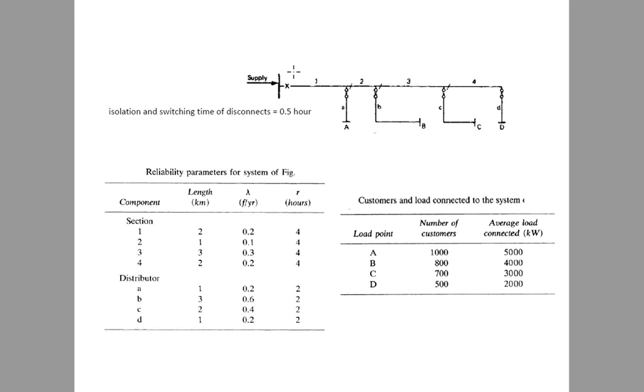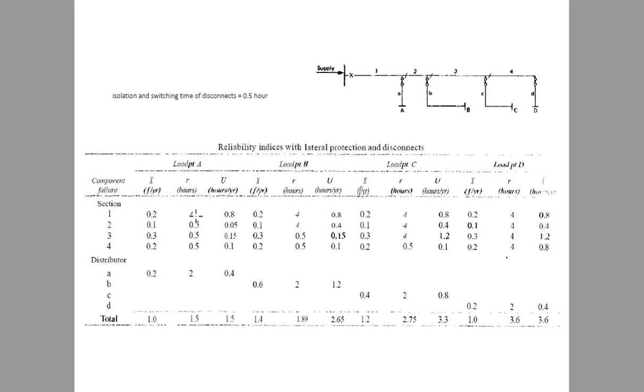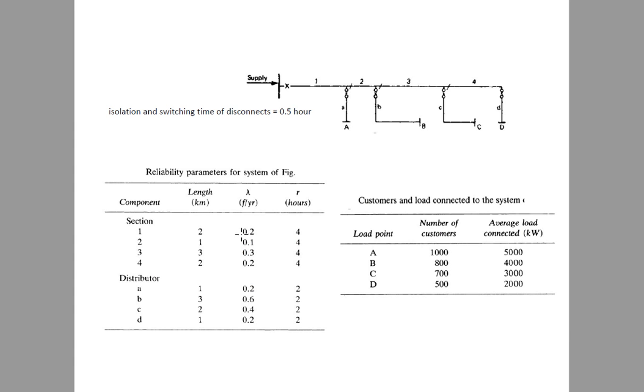and disconnect the entire section from the supply. So it requires 4 hours to repair. So I have written here 4, meaning the repair time is 4 hours, and the failure rate is 0.2, the same as given here.